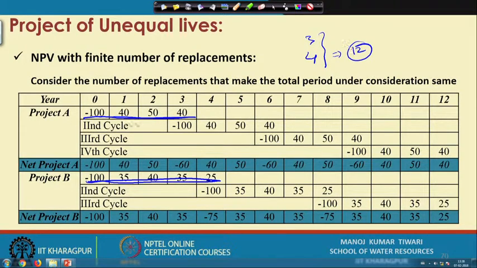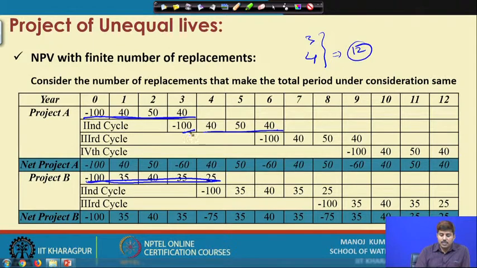This is my first cycle, then at the end of 3 years I will invest the same amount again, and I will generate revenues for the next 3 years. That is my second cycle of investment and cash return, second cycle of cash flow. This is my third cycle of cash flow, and this is my fourth cycle of cash flow, which brings me to the 12 years.